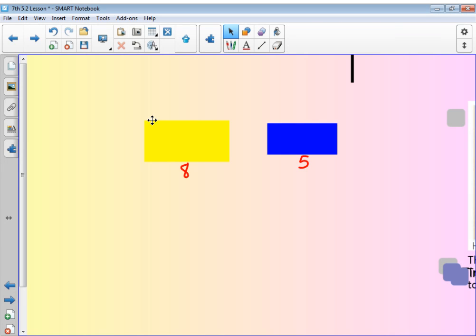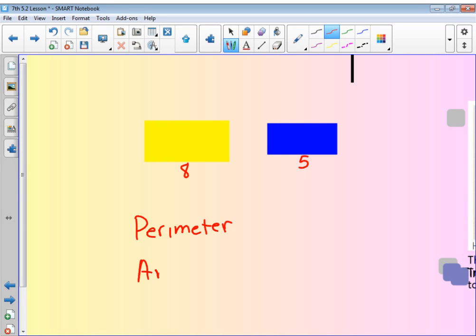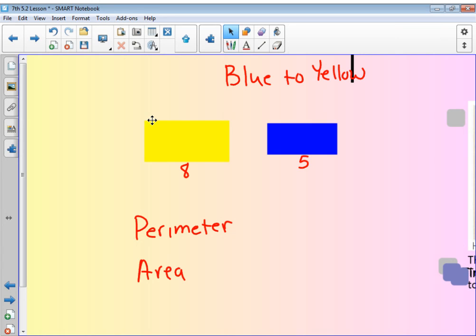What I would like you to do is find the ratio of the perimeter and the ratio of the area. And let's do blue to yellow. So find the ratio of the perimeter and the area, blue to yellow.